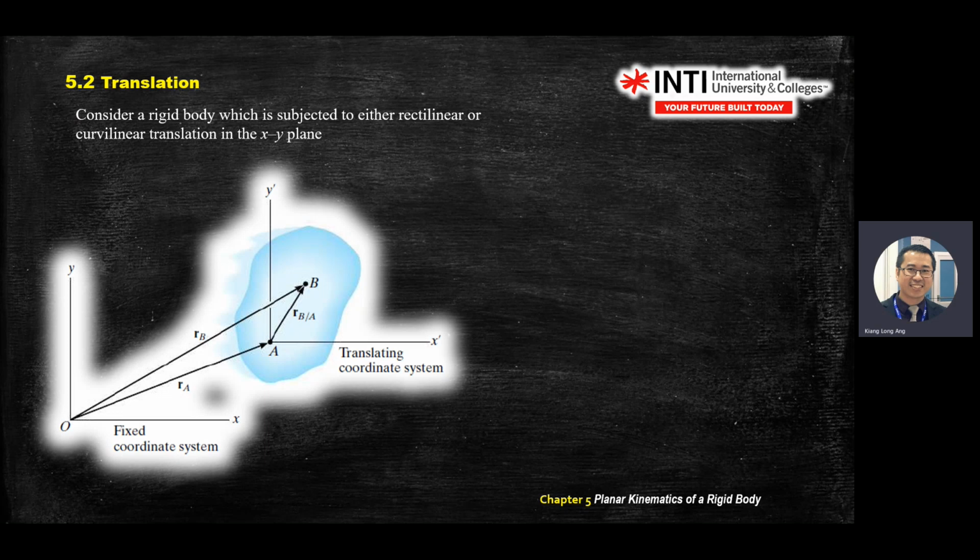But if you need to find, how do you find? Where's the cos? How do you find cos? How do you split the vector?